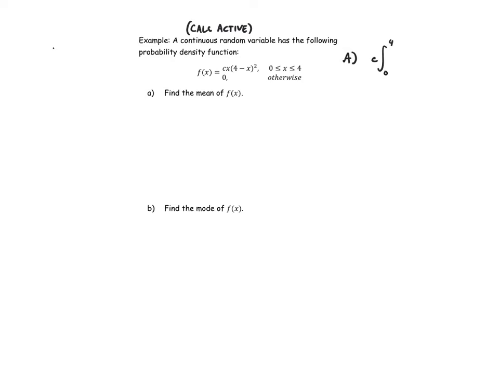I'll write it right here because I'm about to compile a library of these things. So I'm going to type y1 in as x(4 minus x squared). Okay, so I'm going to take the integral from 0 to 4 of y1 times c, and I'm just going to solve for c, setting this equal to 1.